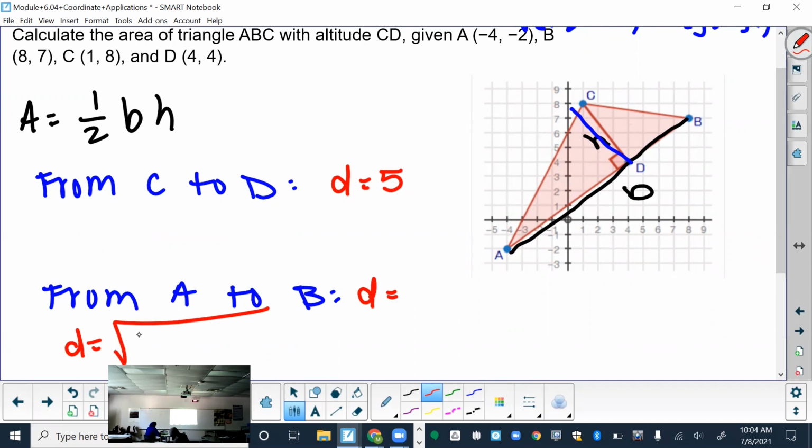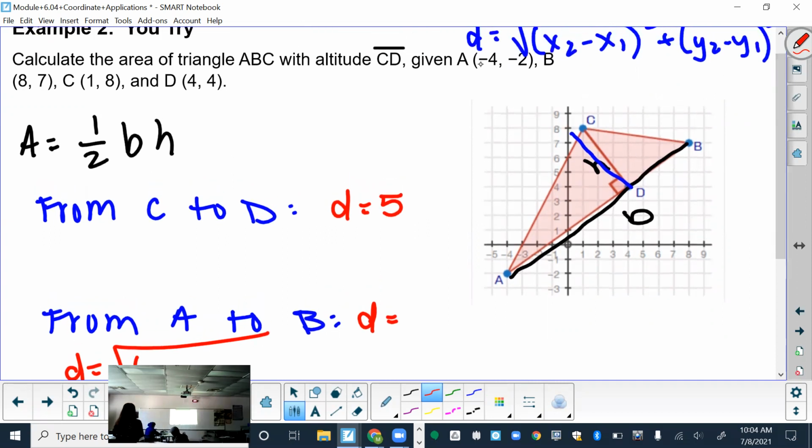We'll see. So A would be the coordinate. We'll make that x1, y1. B can be our x2, y2.